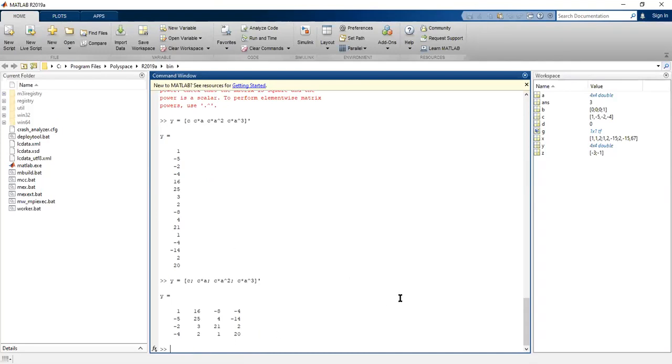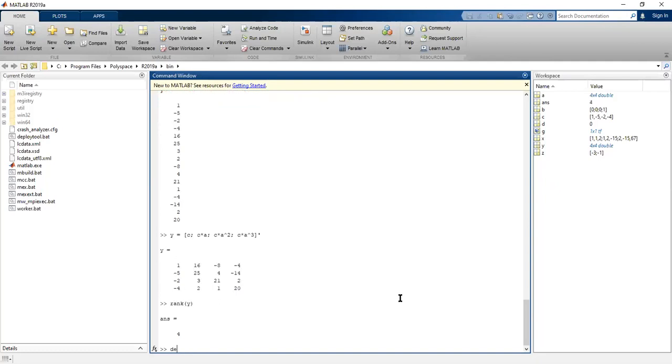And then you can type in rank Y or determinant of Y, whichever one. The rank of Y is 4. Determinant of Y not equal to 0. Then it is all right.